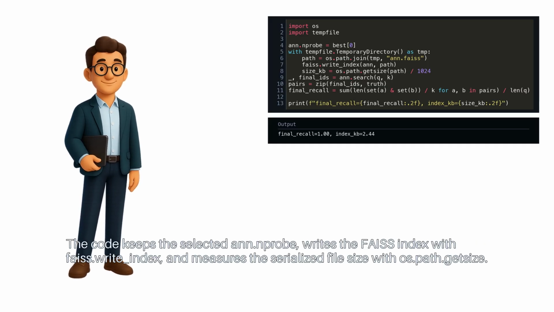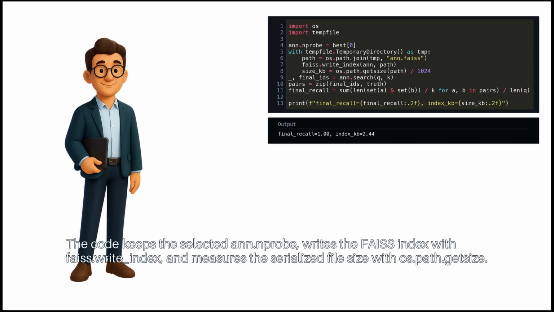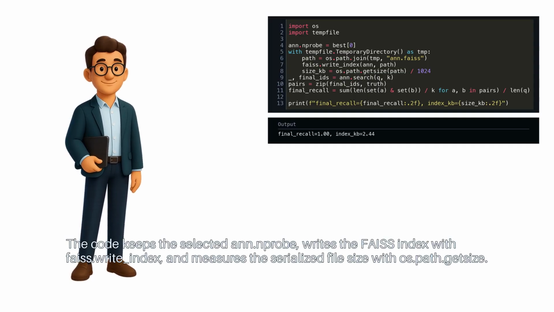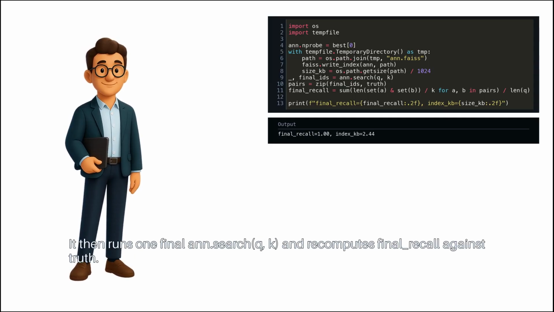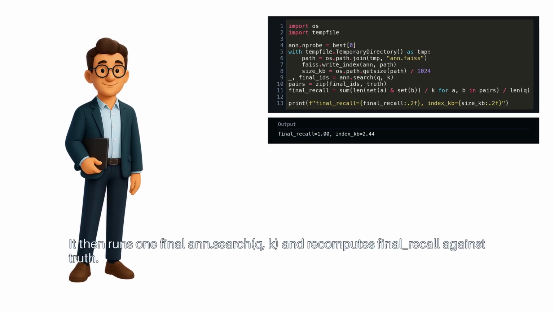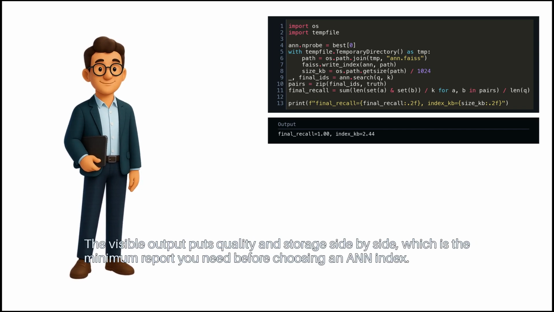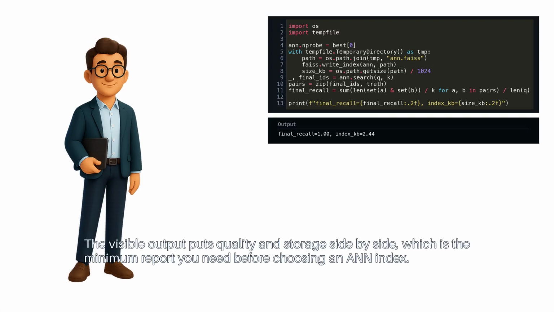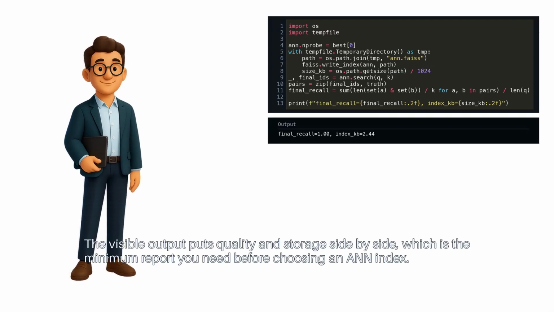The code keeps the selected nprobe, writes the FAISS index with faiss.write_index, and measures the serialized file size with os.path.getsize. It then runs one final ann.search(Q, k) and recomputes final recall against truth. The visible output puts quality and storage side by side, which is the minimum report you need before choosing an ANN index.